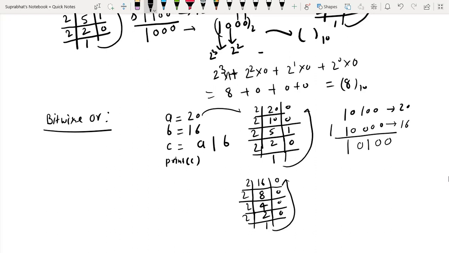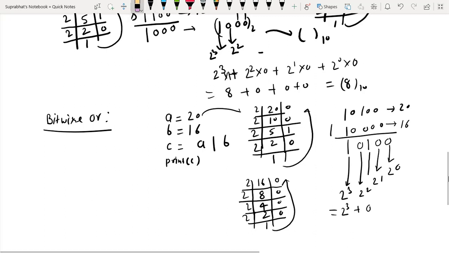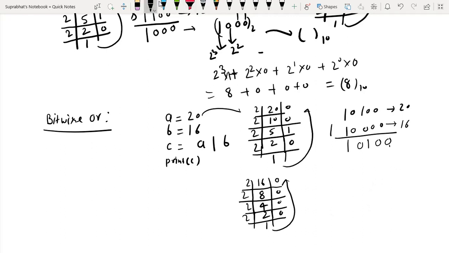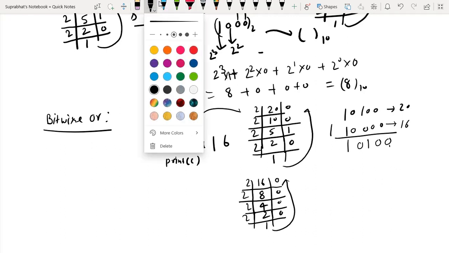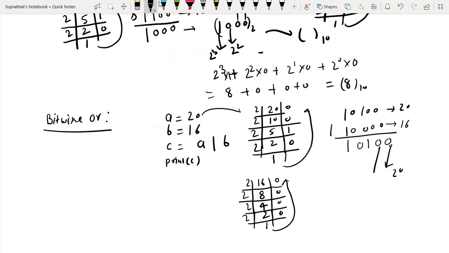So we will convert it into decimal, multiplying by 2 to the power 0, then 2 to the power 1, then 2 to the power 2, 2 to the power 3, and 2 to the power 4.